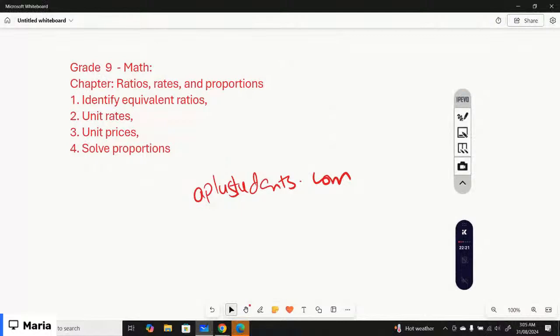The lessons we're going to cover today are identify equivalent ratios, unit prices, and solve proportions.